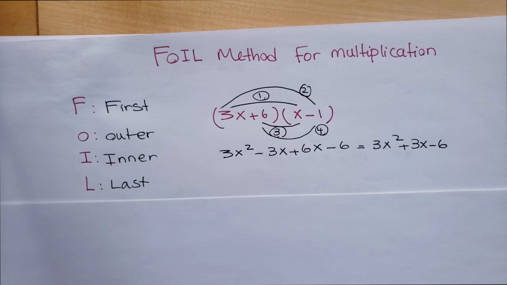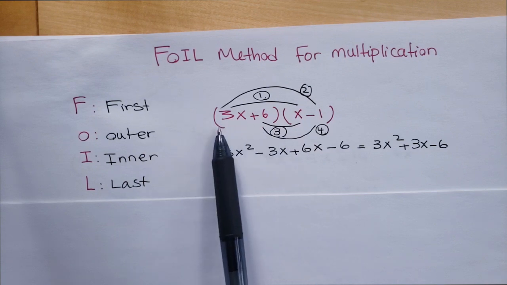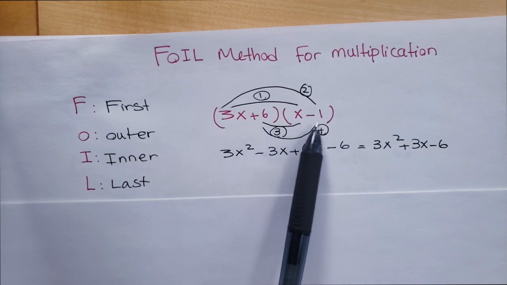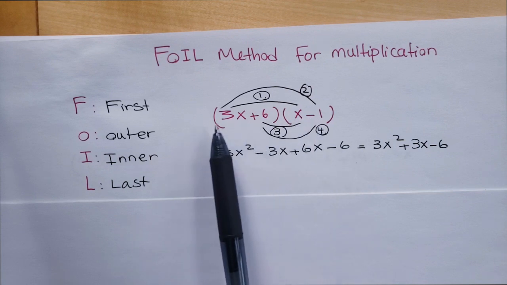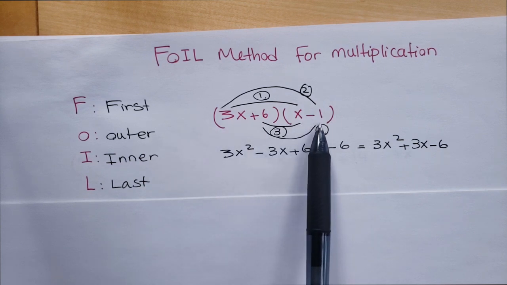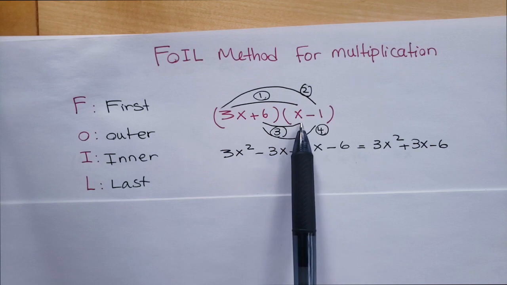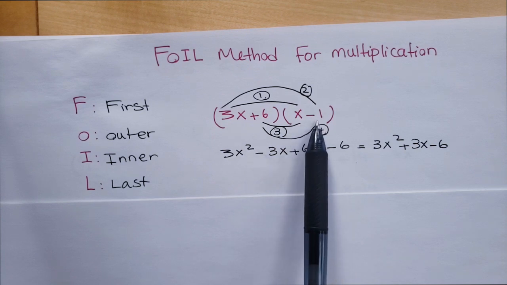Or if it's not easy for you to remember, you can put it this way. This first bracket has two terms, and this bracket has two terms. The first term from the first bracket should be multiplied by each term in this bracket. So 3x times this, 3x times this.